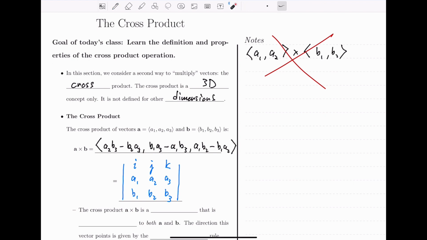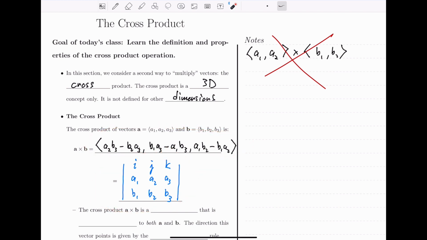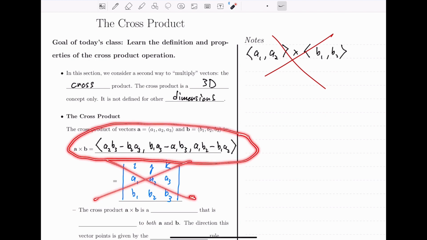If we take the determinant of this 3x3 matrix, we will get exactly the cross product vector that we just defined in ijk notation. So if you're comfortable with computing determinants of 3x3 matrices, you can memorize the formula this way. If you don't know what a 3x3 matrix or a determinant is, don't worry about this at all. Just memorize the formula in this form.